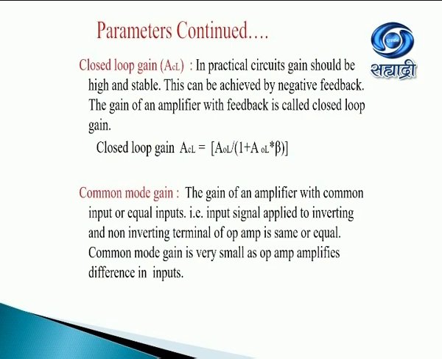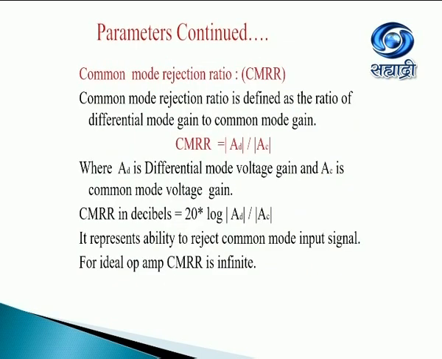Common mode gain. The gain of an amplifier with common input or equal inputs, that is, the input signal applied to the inverting and non-inverting terminals of the op-amp is the same or equal. Common mode gain is very small as the op-amp amplifies the difference in inputs. Common mode rejection ratio, CMRR. This is an important characteristic.